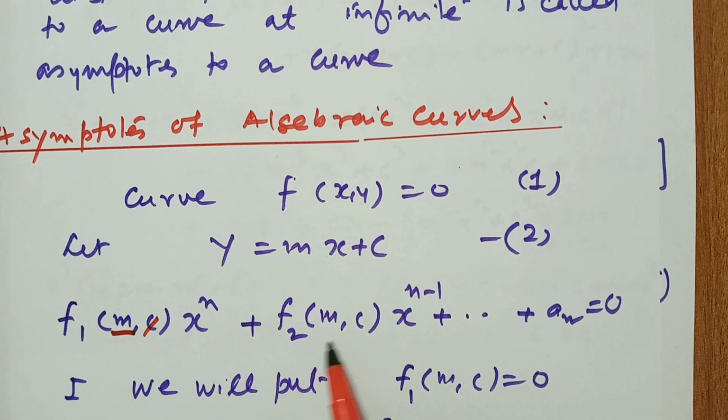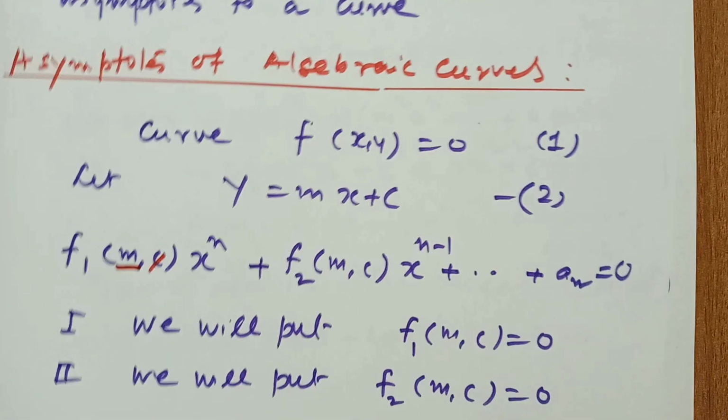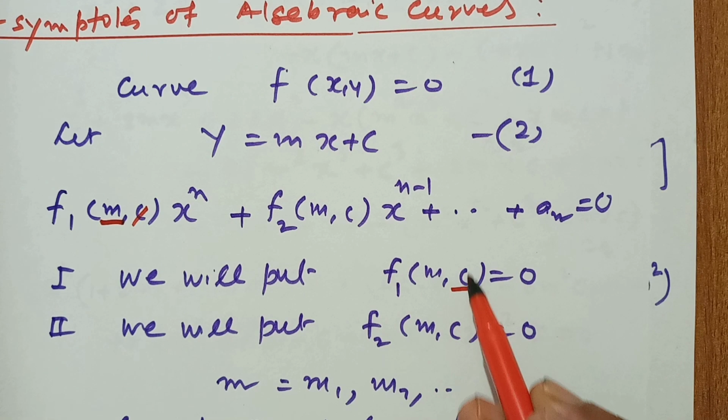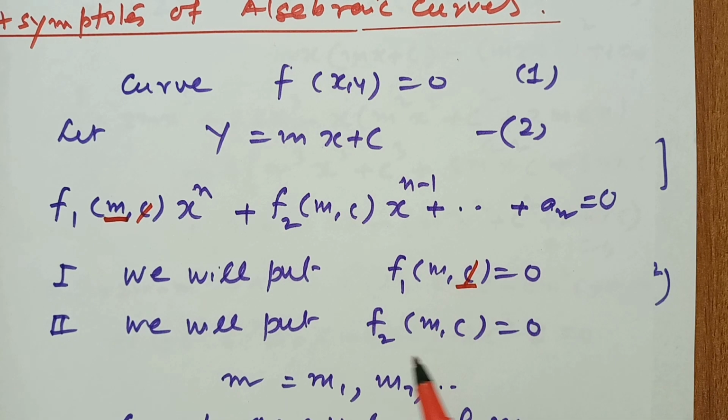The second term contains m and c. So you see what the working rule is: first we will put f1(m) equal to 0, f1 has no c, and then f2(m, c) is equal to 0. So we get the values of m and c.